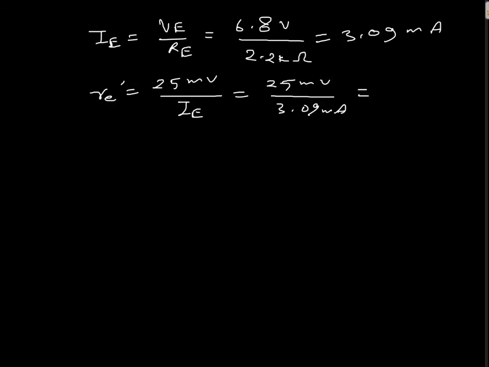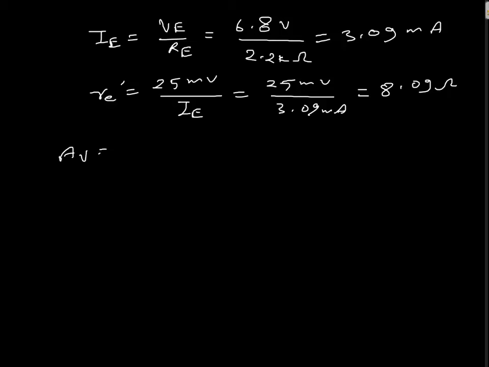So 25 by 3.09 is 8.09 ohm. So this is the value of RE prime. Now using all these values we can find the value of voltage gain.